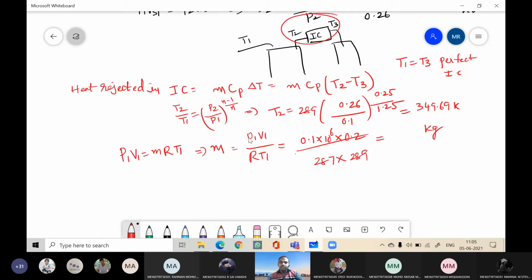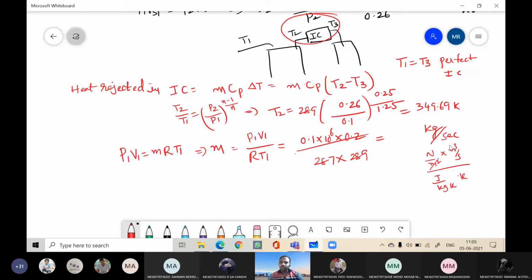We will check the units. P1 is Newton per meter square, V1 is meter cube per second. Therefore, we will get kg per second by joules per kg Kelvin into Kelvin.